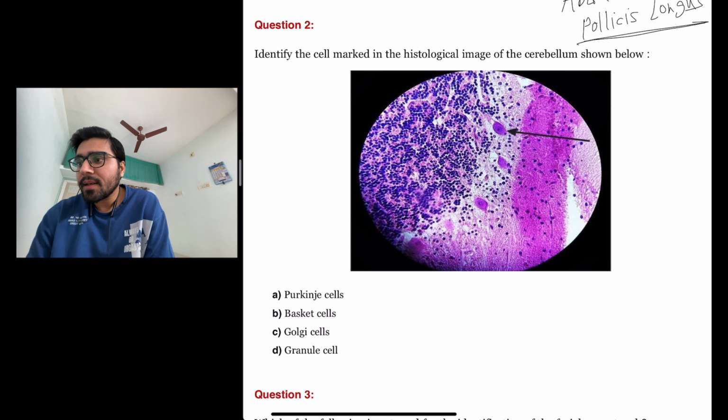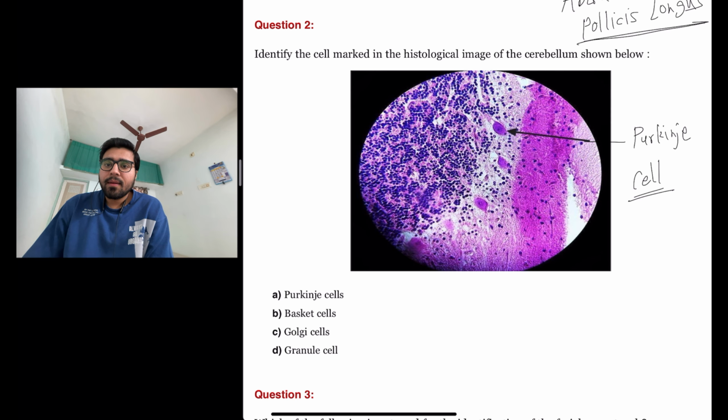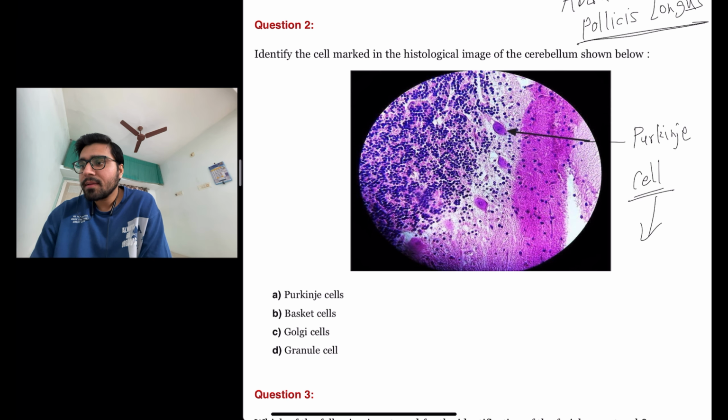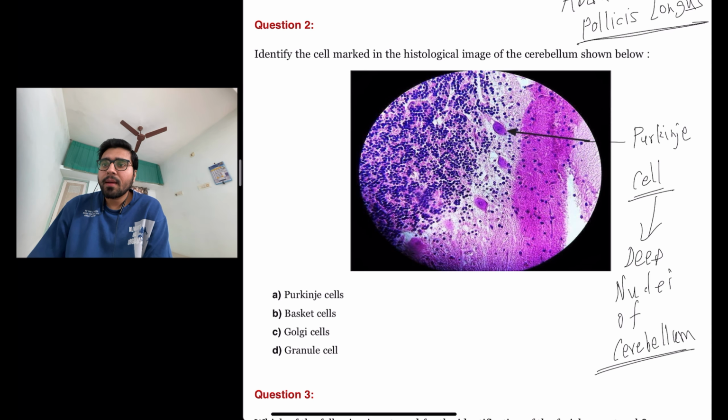So these cells are actually the Purkinje cells. They arise in the Purkinje cell layer and they relay their axon into the deep nuclei of the cerebellum. So the answer here is A, Purkinje cell.